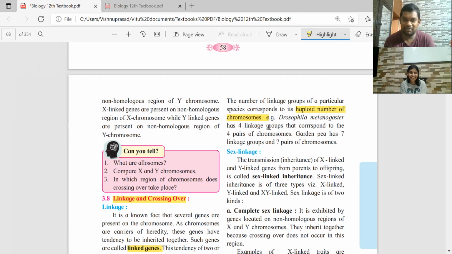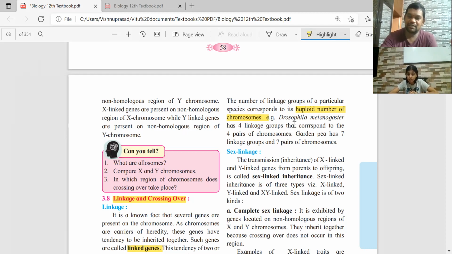How many chromosomes are there in the cell of human beings? 23. Yes, 23 is our haploid number. So simply speaking, we have in our cells 23 linkage groups. Similarly, Drosophila melanogaster, that fruit fly, has 4 linkage groups.